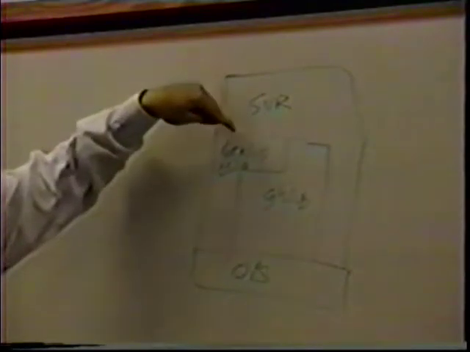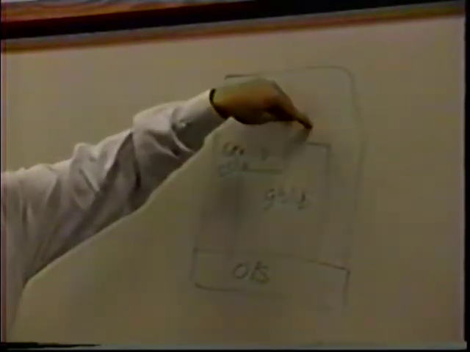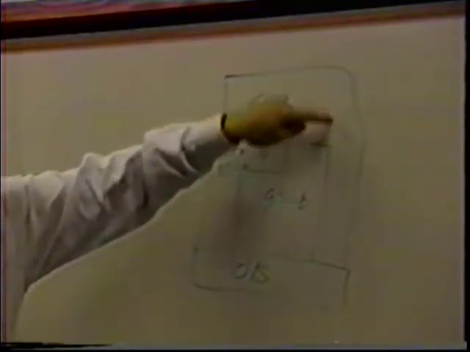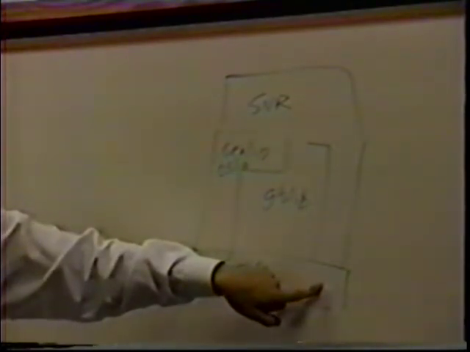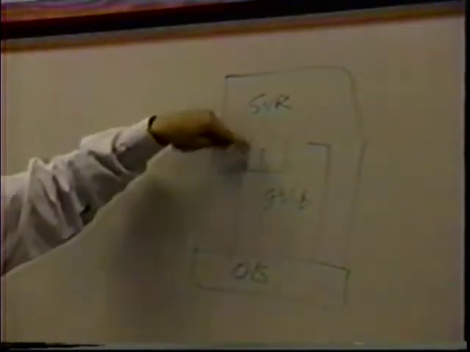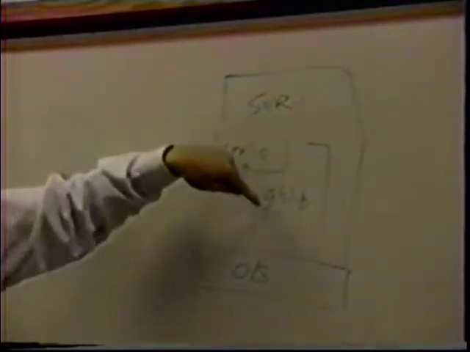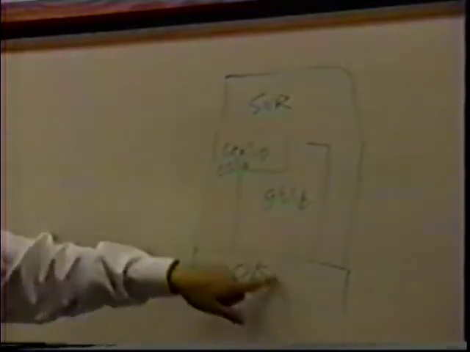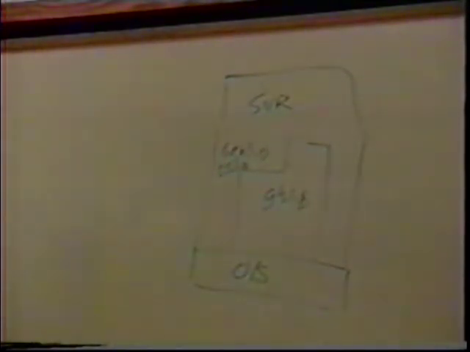But the server will make calls to genlib, the server will make calls directly to the GLS library, and the server will make calls directly to the operating system. Genlib will make calls to the operating system, and genlib will make calls to the GLS library, and GLS library will make calls to the operating system.